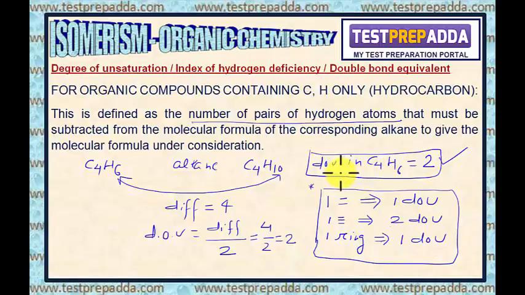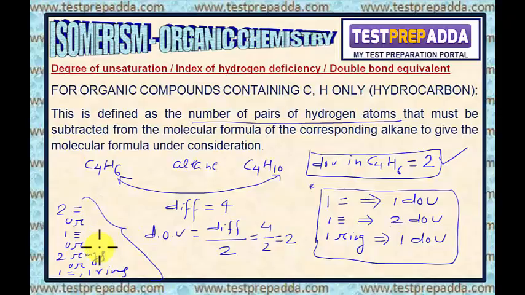If the compound has 2 degrees of unsaturation, then it can have 2 double bonds, or 1 triple bond, or 2 rings, or 1 double bond and 1 ring. These are the only possibilities for this molecular composition.